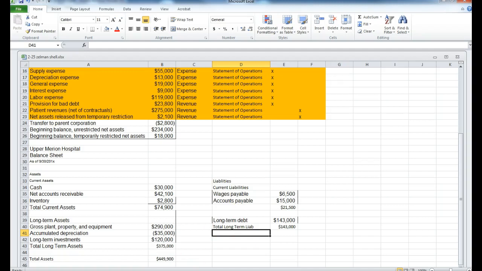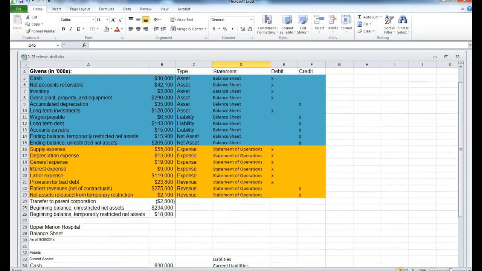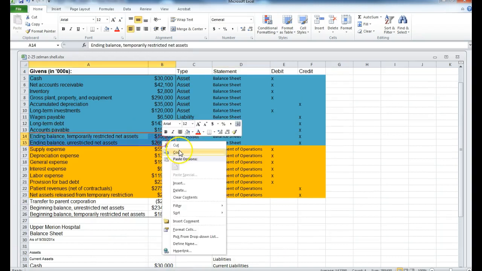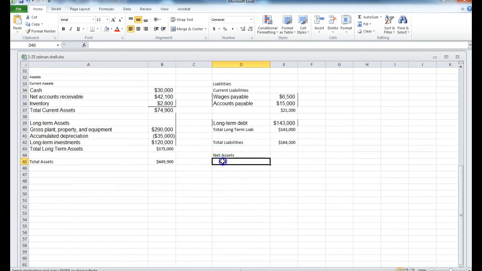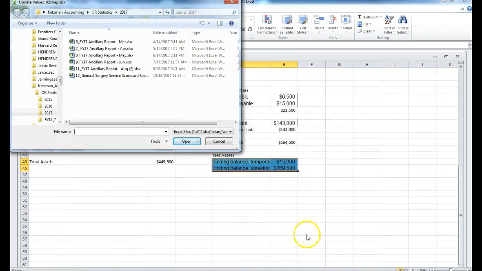So here we'll have total liabilities. And then the next section is our net assets. And we have 2 of those, right? So copy that, paste here.